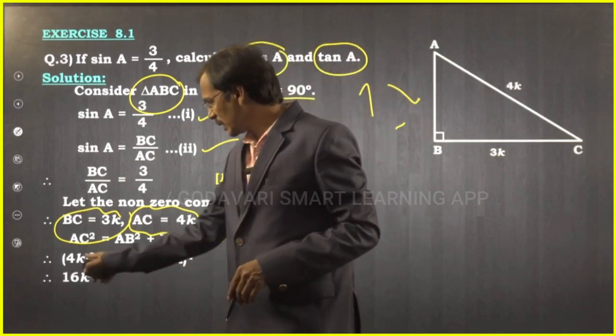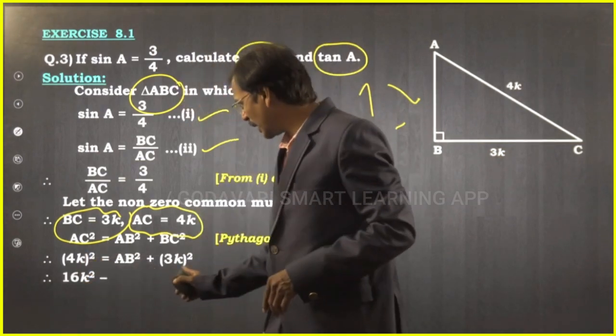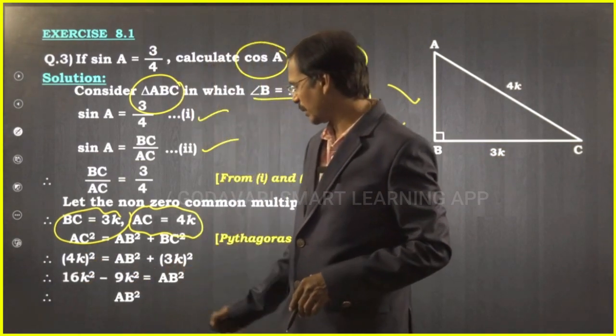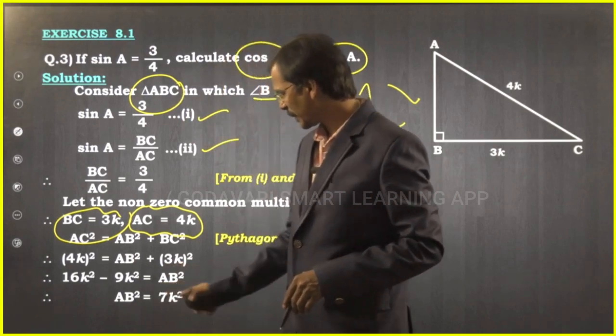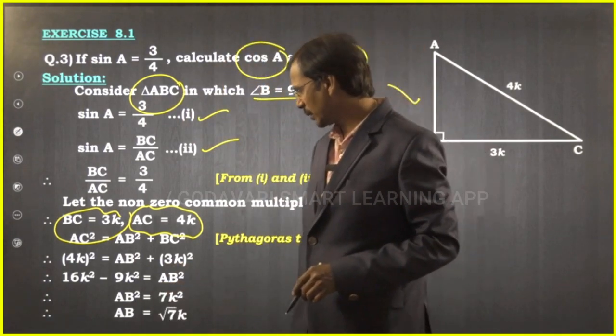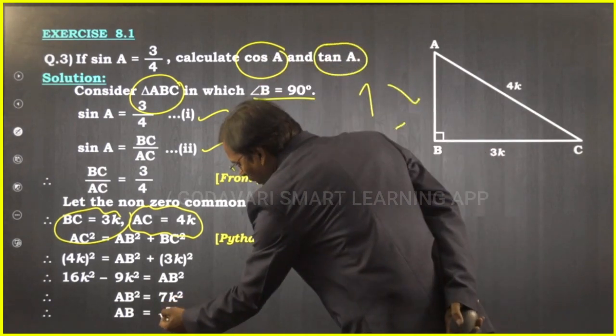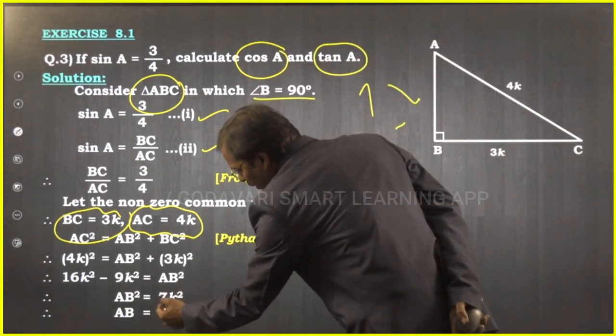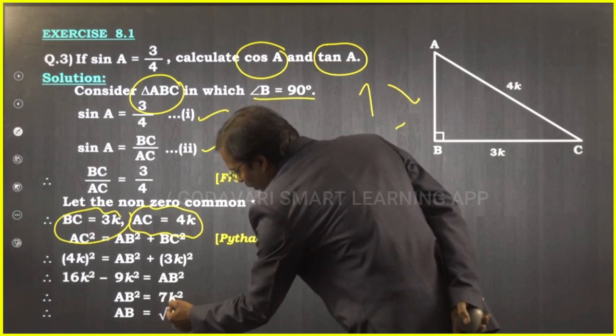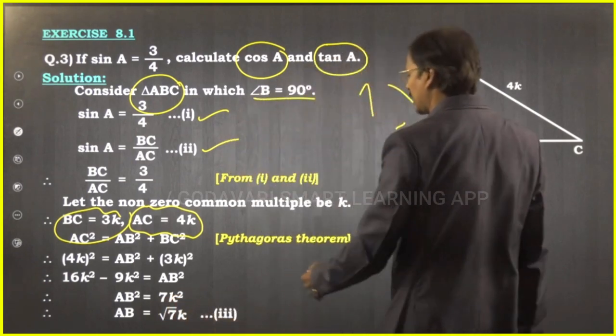That is 16k square minus 9k square is equal to AB square. Therefore, AB square is equal to 7k square. Therefore, AB is equal to root 7 k. The root of 7k square is root 7 k.